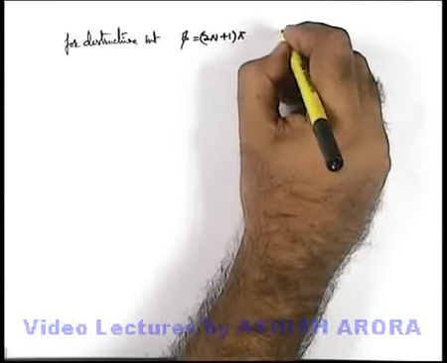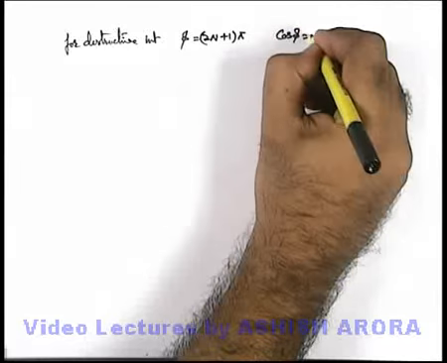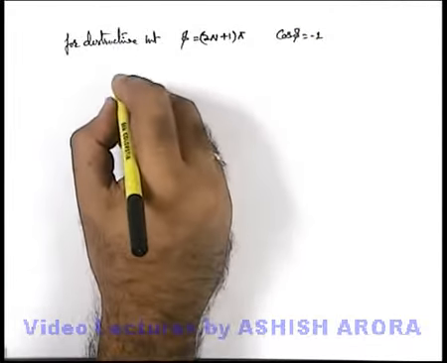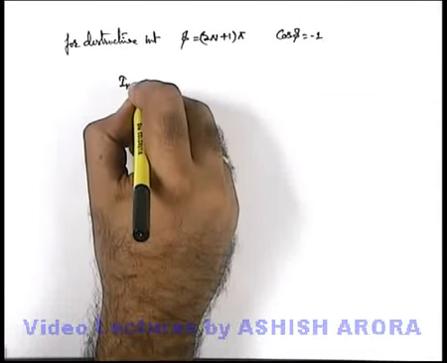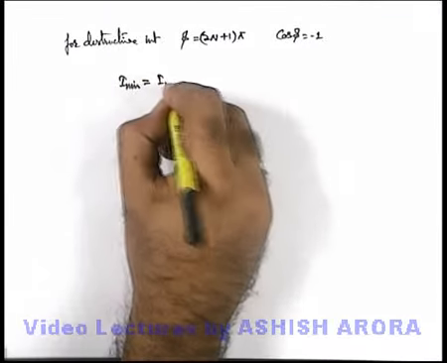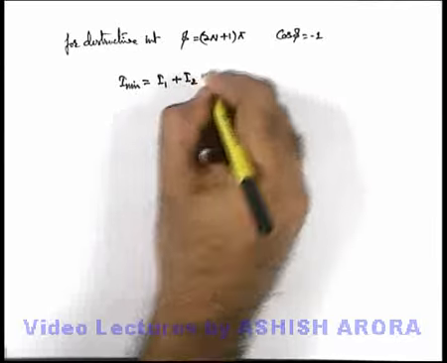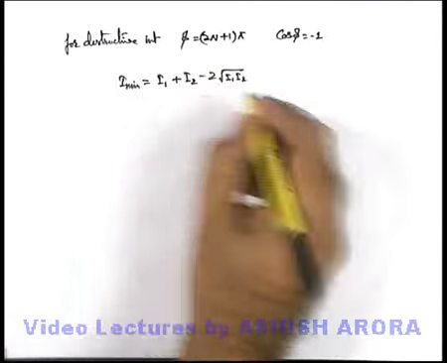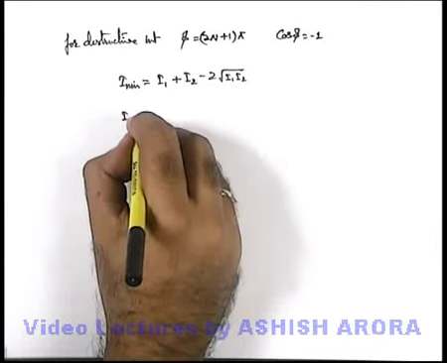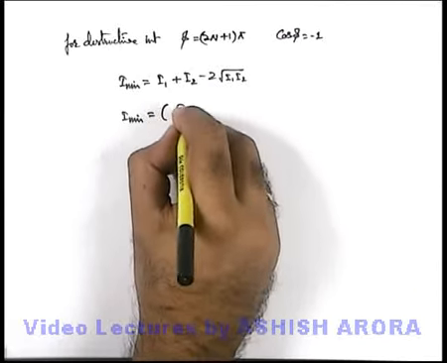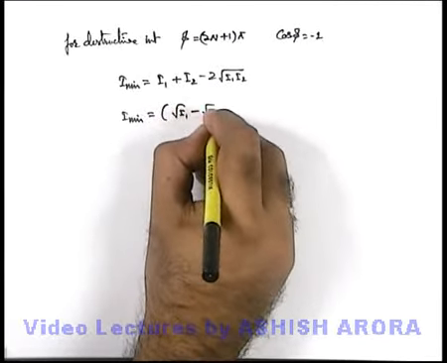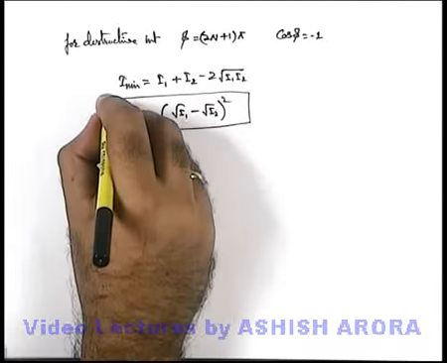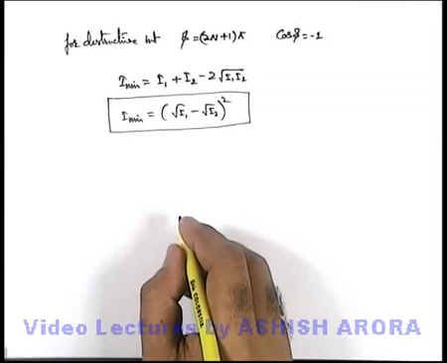So in this situation, the value of cos φ will be −1. So if waves are of unequal intensity, we can write the minimum intensity will be given as I1 + I2 − 2 root I1 I2. So the minimum intensity can be given as (root I1 − root I2) whole square. This is the minimum intensity where the waves interfere in opposite phase.